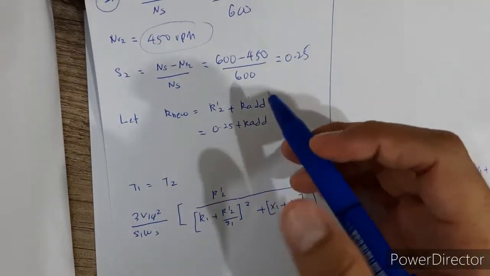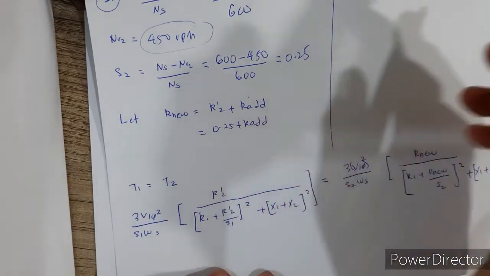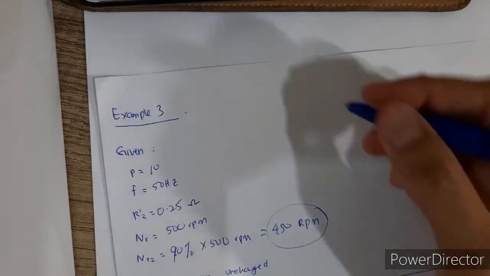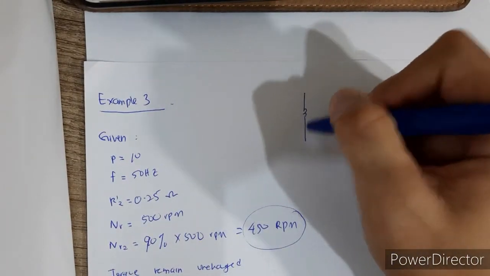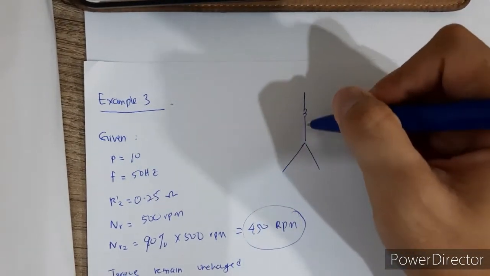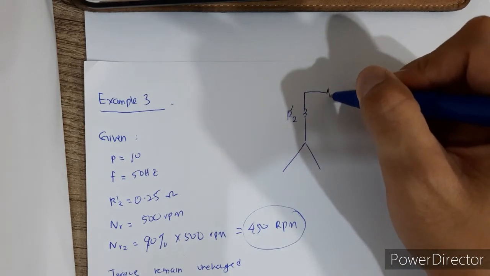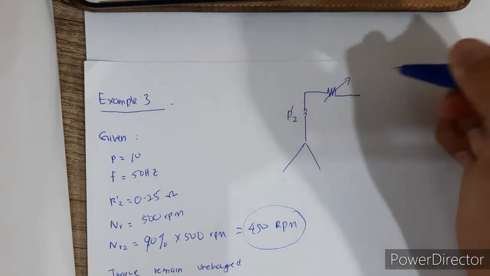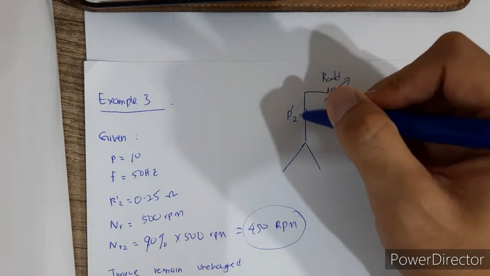So we want to determine the additional resistance. If I can draw, for example, at the load side, the connection is star. So this is R'2. We want to determine the additional resistance R add, which is in series with R'2.